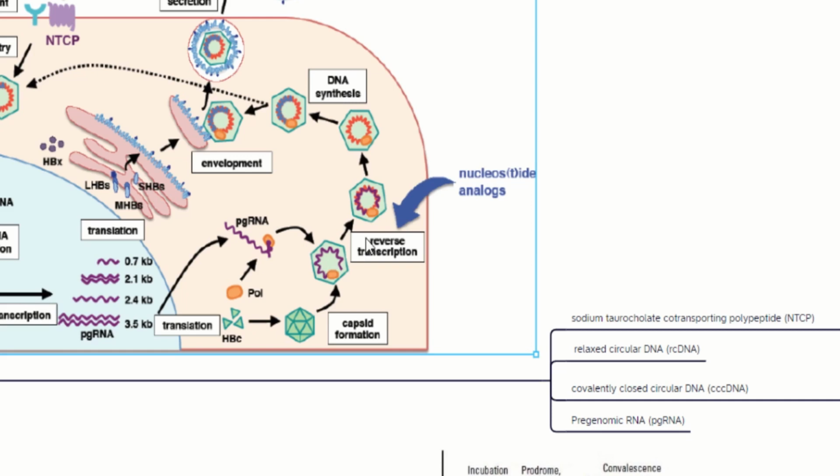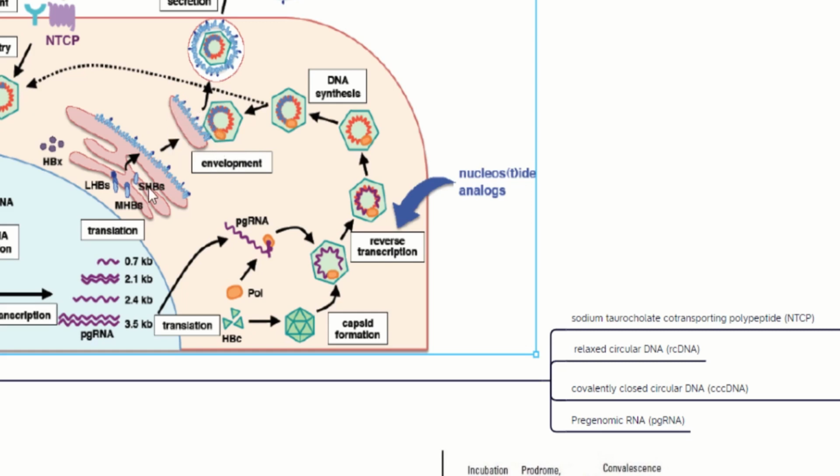This RNA can go both ways. It can get translated into a capsid, or the pre-genomic RNA can take the polymerase enzyme, go inside the capsid, take nucleotide analogs from within the cells, and start the DNA synthesis.